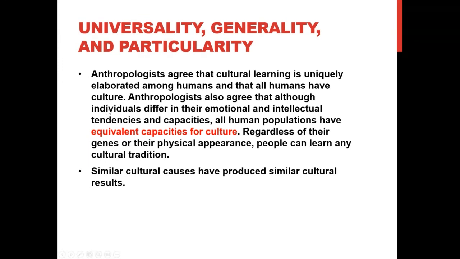Okay? This is very important. Everybody can learn culture. Now, whether that society will accept you as someone that represents that culture is something different. But culture can be learned by anybody.